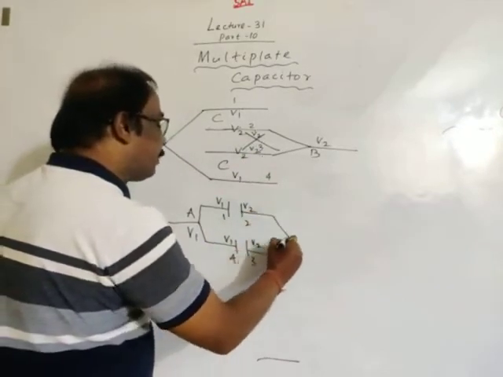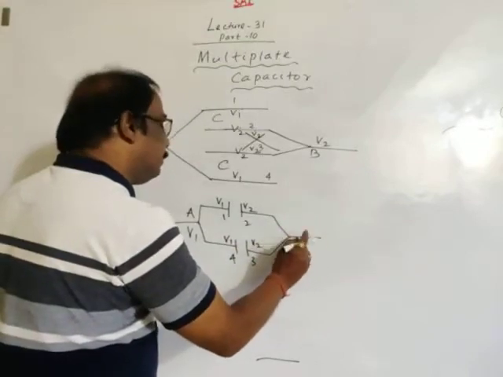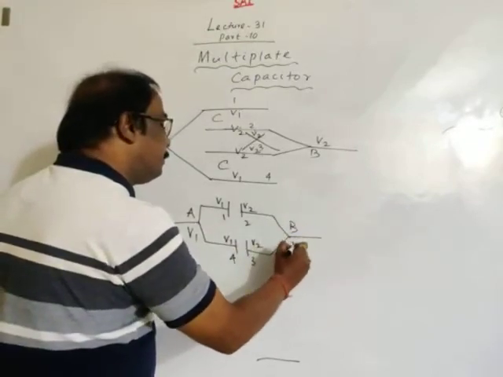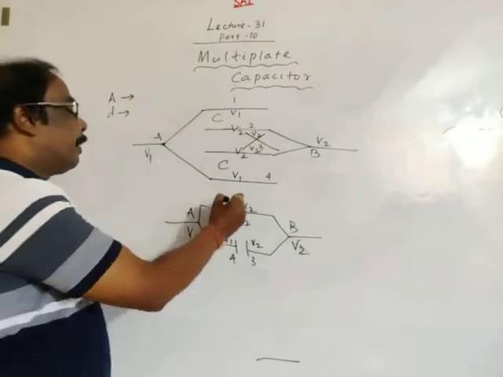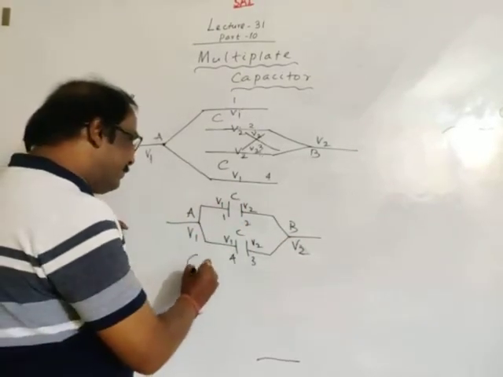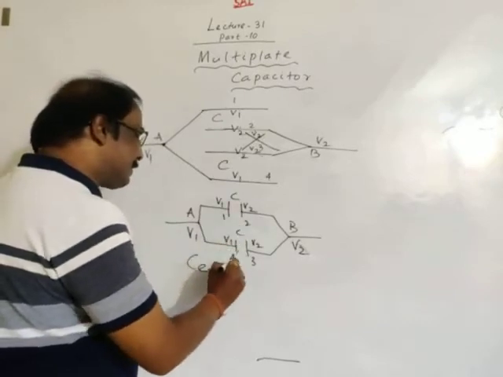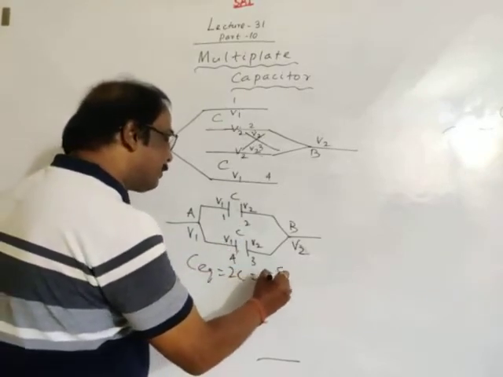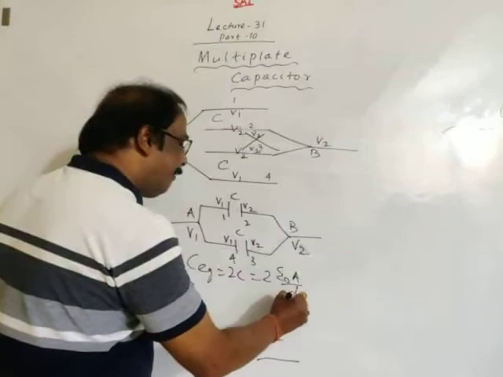Plate 2 and plate 3 are at potential V2, connected to the common point B, which is at potential V2. Now capacitances C and C are in parallel, so the equivalent capacitance is C plus C, 2C, or you may write 2 epsilon naught A by D.